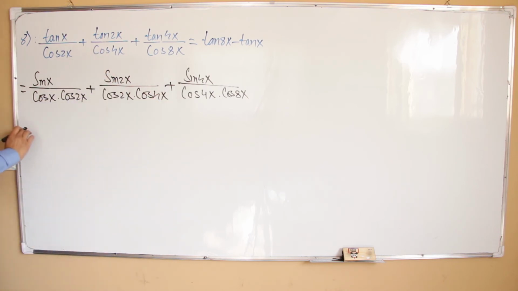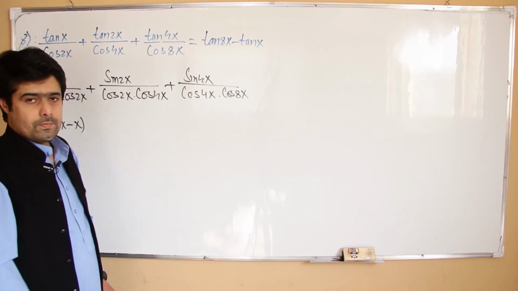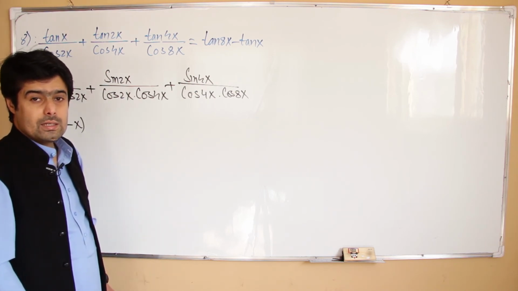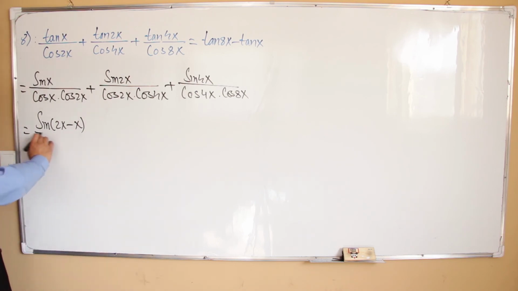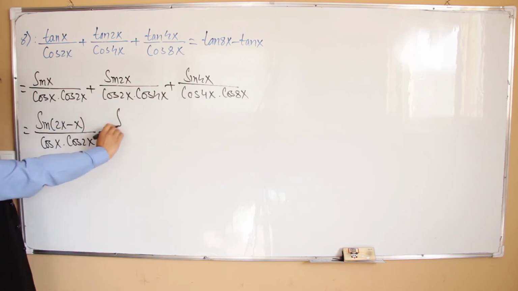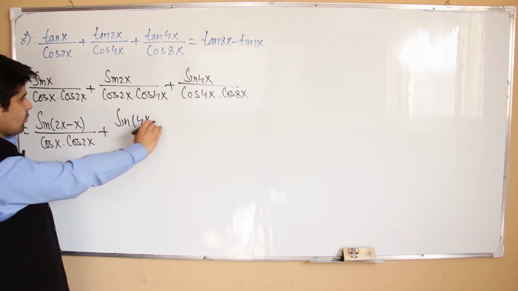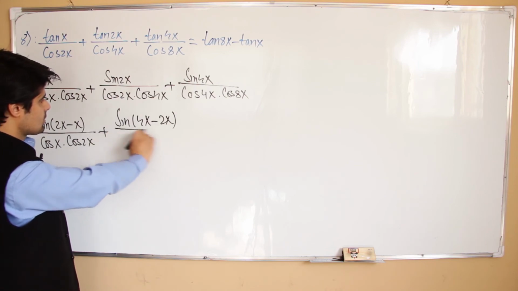So instead of sine x, can I write sine 2x minus x? Yes. So why did I do it? Wait a moment. You will find cosine x, cosine 2x. Plus, here, instead of this one, can I write sine 4x minus 2x? Yes, we can.